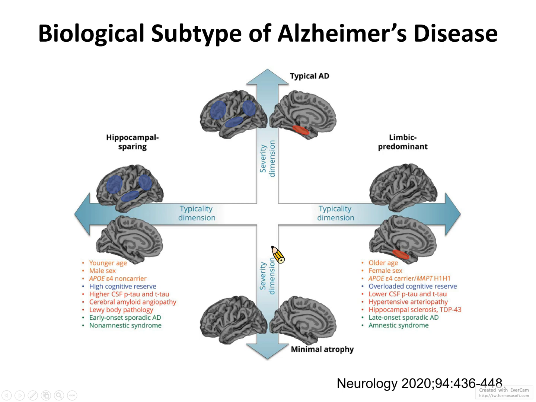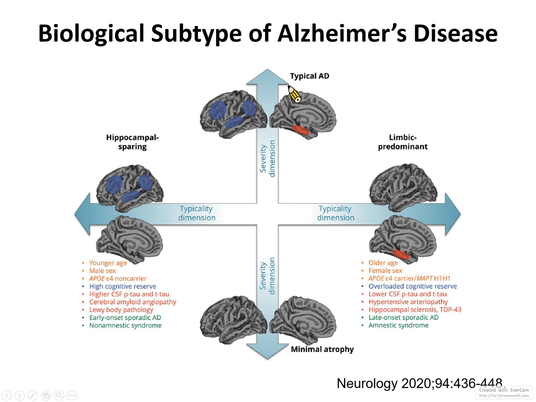For example, the right axis is probably more typical, and the left is not typical. For example, usually the hippocampus or limbic system will be affected severely or commonly in patients with AD, but in atypical cases there is some hippocampal sparing, and it also includes younger age, male sex, ApoE4 non-carriers, high cognitive reserve, or other kinds of symptoms.